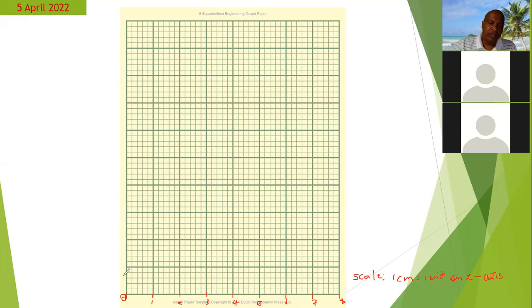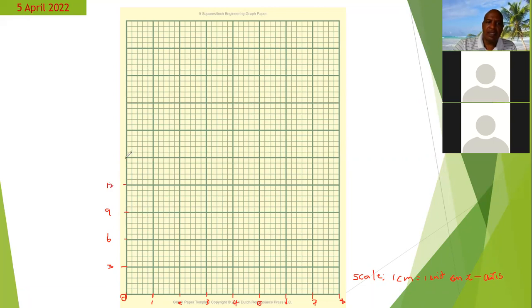Now, suppose on the y-axis, I am counting here now. So I say 4. All right, let me use a different number. So I'm counting and I say 3, 6, 9, 12.